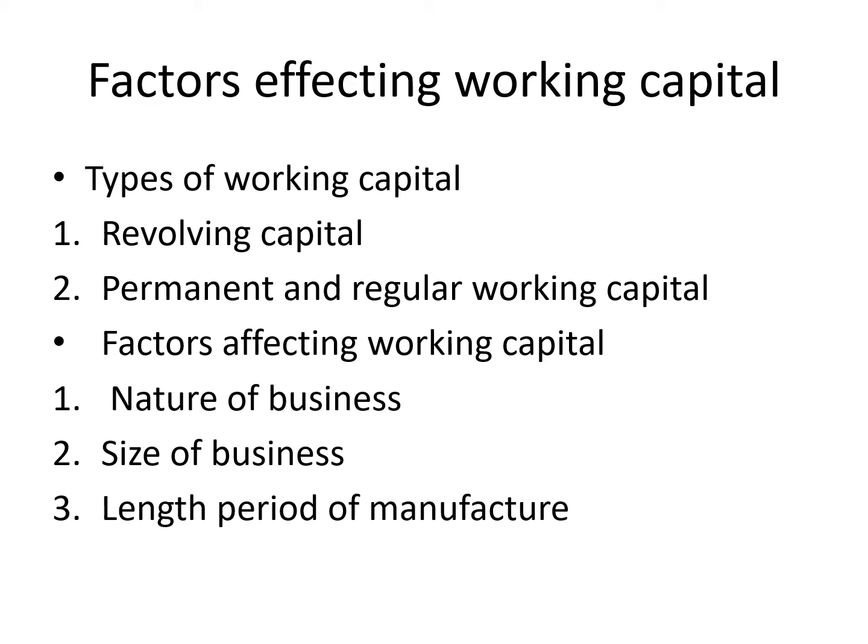Revolving working capital is that capital which is continuously going on, like when inventory is converted into cash, and cash is converted into inventory, and accounts receivable are involved. There are certain times, like seasons and many other factors, when you can increase or decrease this revolving capital.